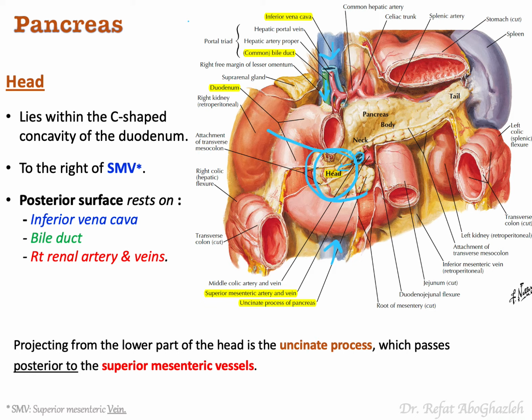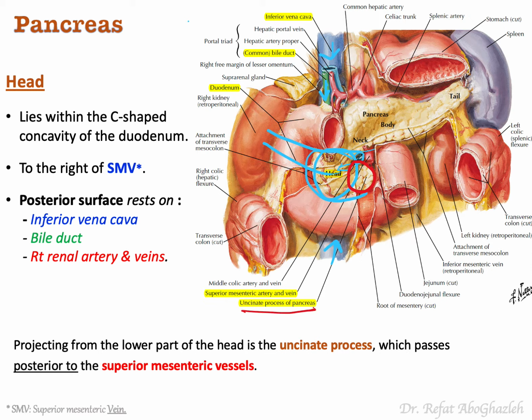So you have the right renal artery and vein. Of course, these structures, guys, the cava, bile duct, and right renal artery and vein, are located behind the head. But also, guys, from the head you have this process projected from the lower part of the head to the left, which is the uncinate process of the pancreas.